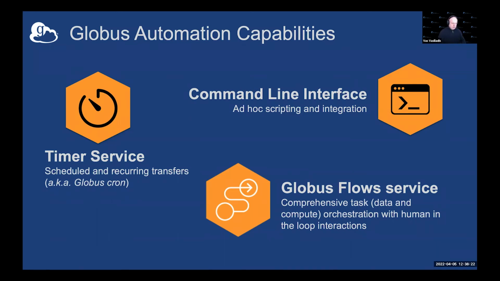If you want to run repeated scheduled transfers between some systems, you can create that and put it on a schedule. It's like a cron job basically, except it submits periodic transfer task requests to Globus. Data gets moved, you get notified, you get reporting. It's the same as if someone's sitting there clicking the button repeatedly. It's done for you.